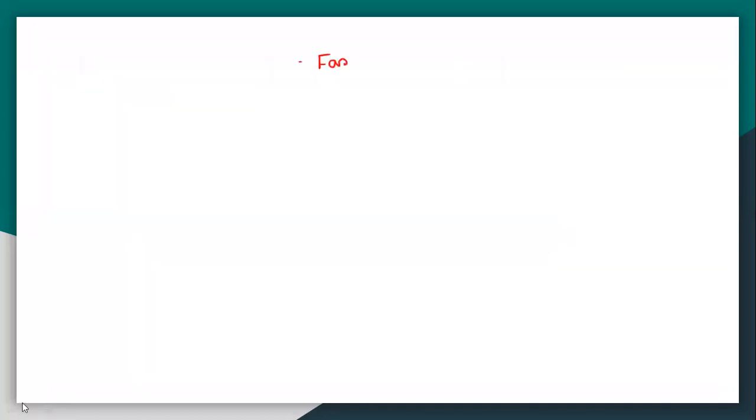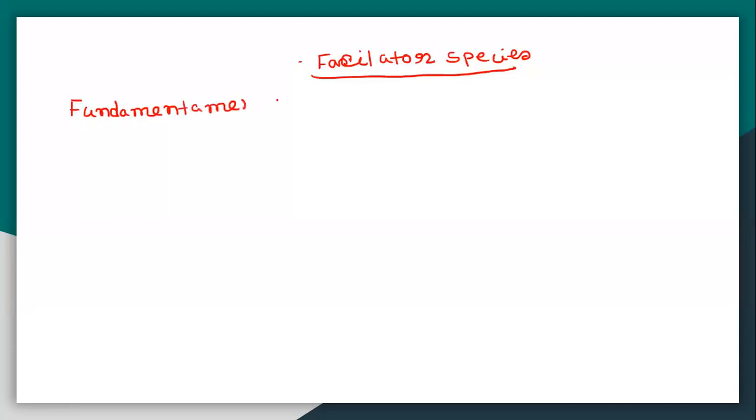So if we consider that a facilitator species is present, we can change our view of the fundamental niche.